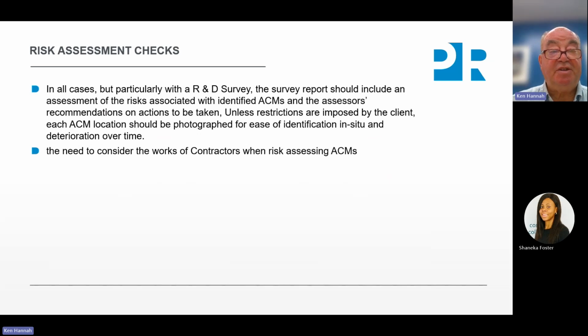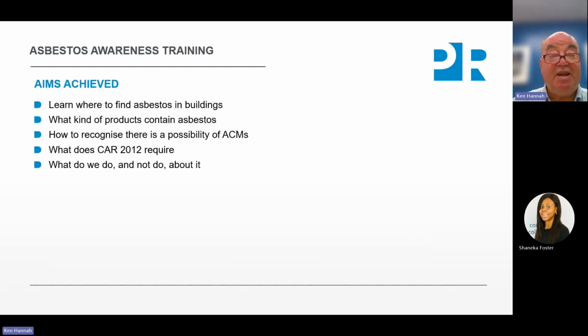So we've covered the need to consider the works of contractors when assessing ACMs, and records can be improved with photographs for ease of identification, particularly in hard to access areas. So we've now reached the end.